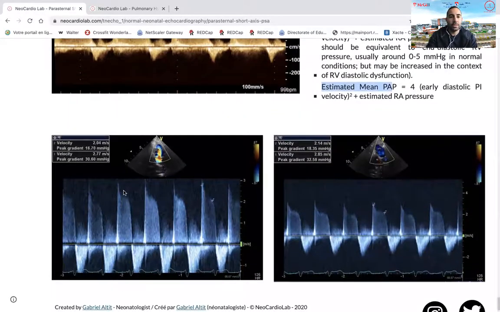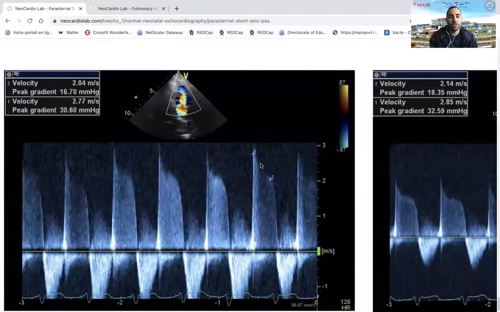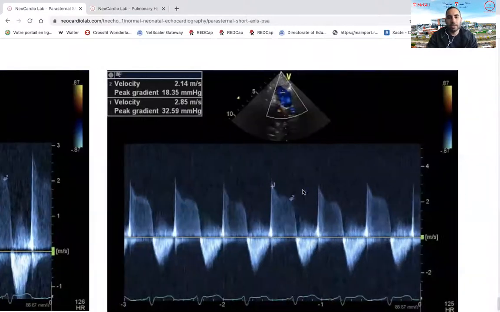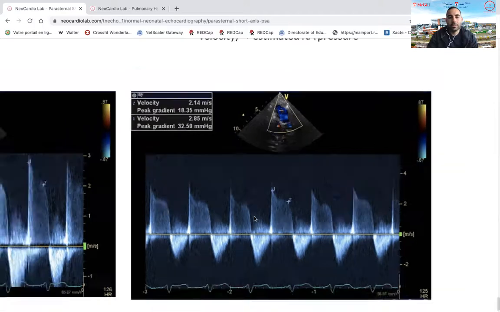So these are nice examples where this patient, for example, has a peak of 30 and an end diastolic estimate of 16. And this one has a peak of 33 and an end diastolic of 18.